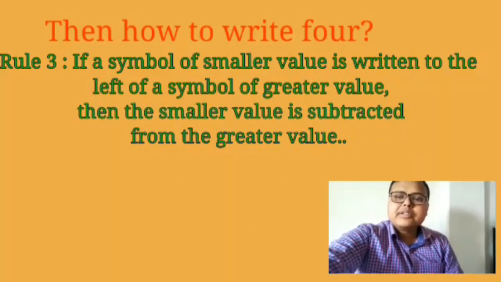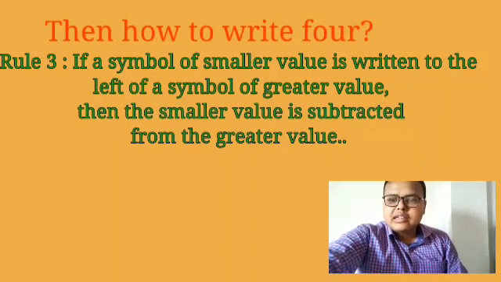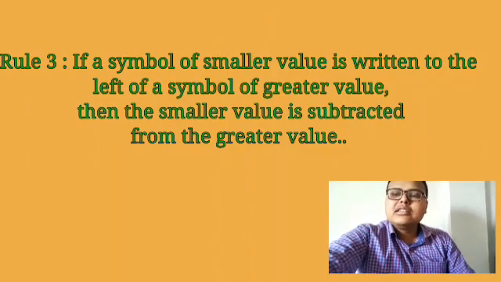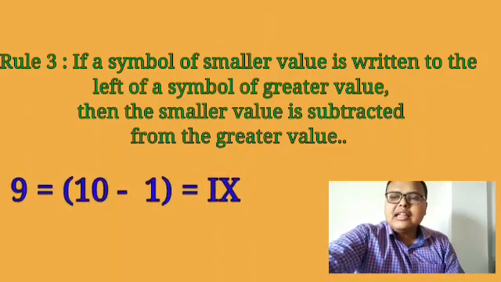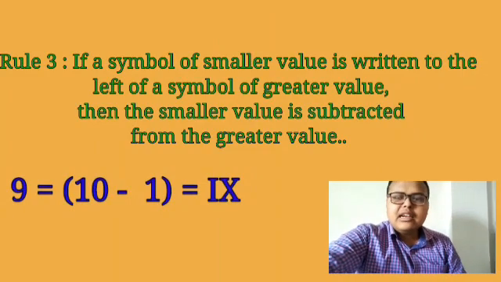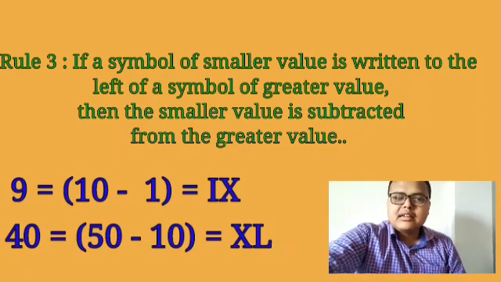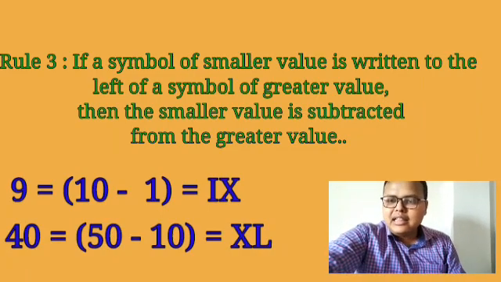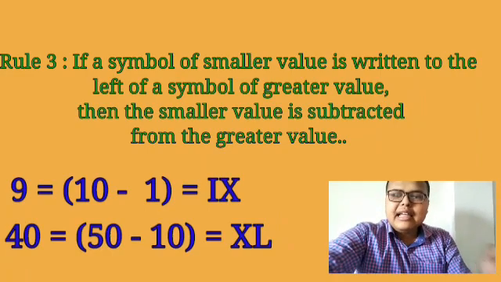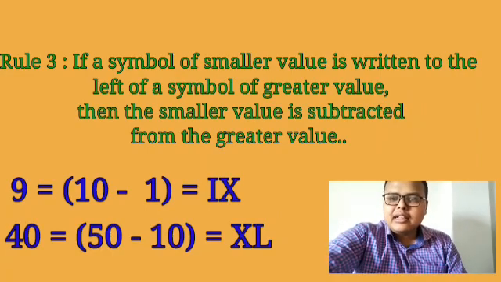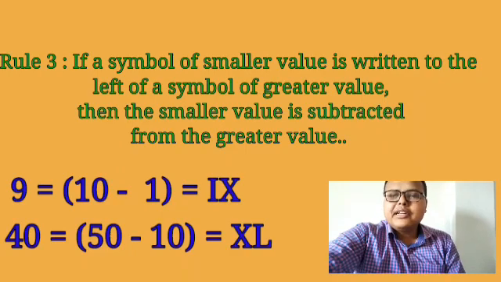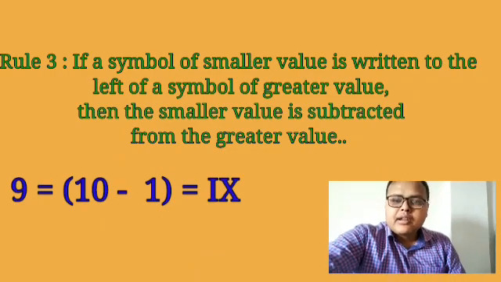So this way they represent 4, IV. Similarly, if I have to write 9, just IX. Similarly, if I have to write 40, just XL. Since X is having a smaller value than L, I have written X just at the left of L, which is nothing but 50 minus 10, L minus X, which is 40.